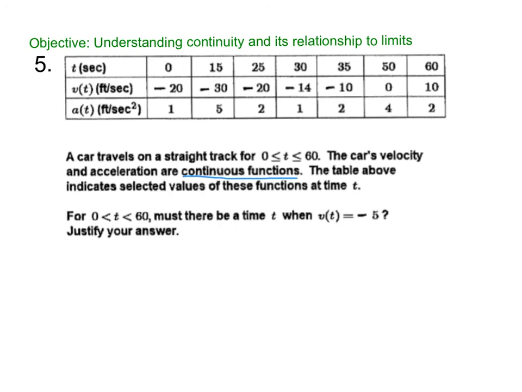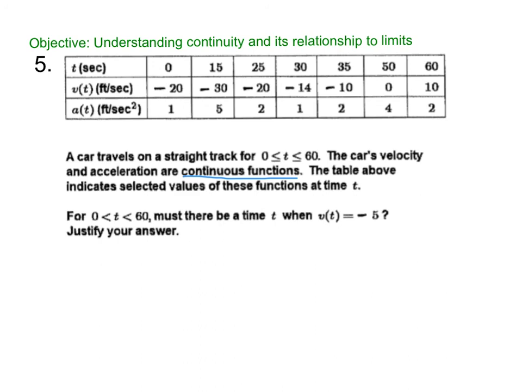The table above indicates selected values of these functions at time t. For 0 to 60, must there be a time t when v of t equals -5? Justify your answer. So does the velocity have to hit -5? What do you think? Well, hopefully yes. So pause the video and write down what you think a good explanation would be.